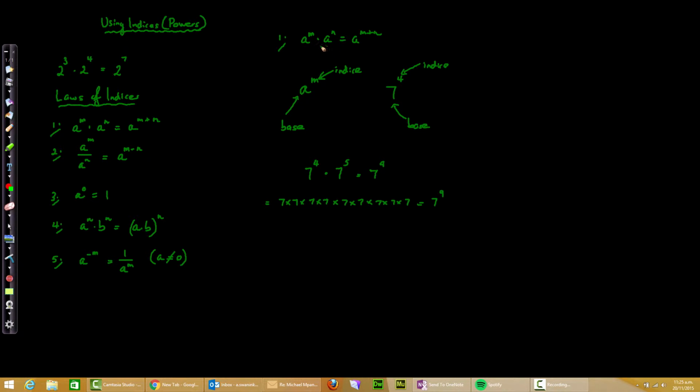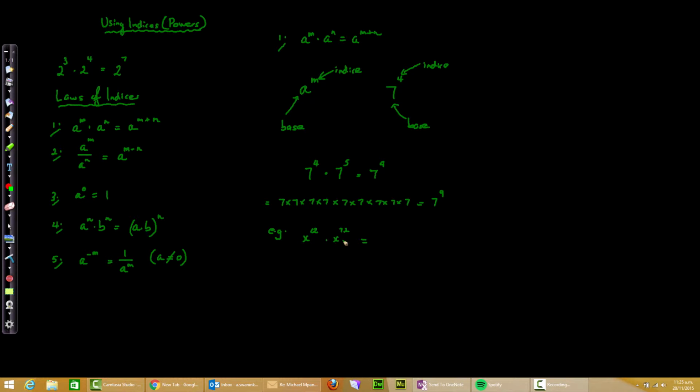And that's true for really any situation where you've got that same base. So if we had x to the power of 12 times x to the power of 72, well, I definitely don't want to have to write that out, but let's just think this through. x multiplied together 12 times, x multiplied together 72 times, and we're multiplying that.